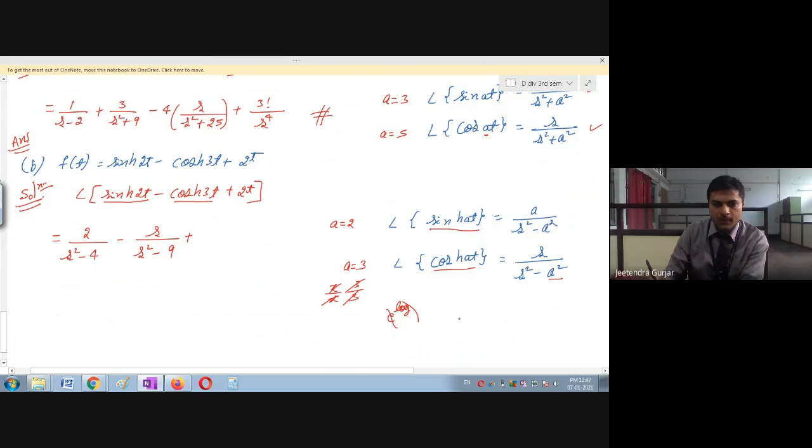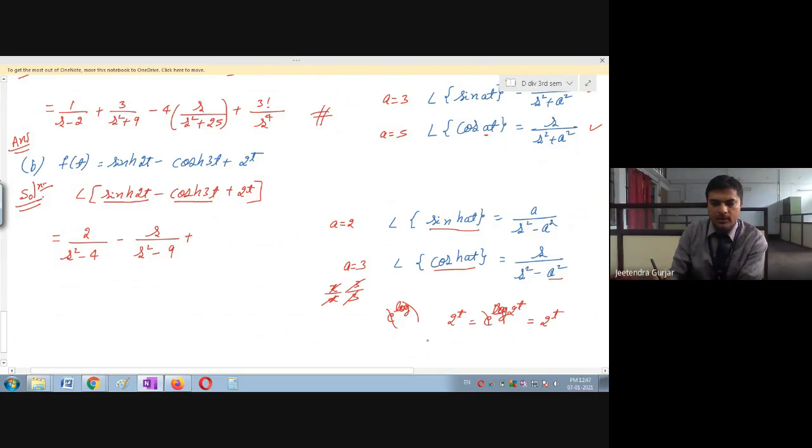Therefore, for 2 raised to t, I will write e raised to log 2 raised to t. One can easily see log and e will get cancelled, and I will get back the same value, that is 2 raised to t.